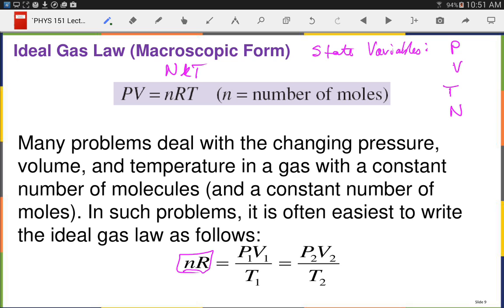Okay, well, we talk about the velocity, we talk about the position, and we talk about the mass, right? Those would be microscopic variables that are all being described by these state variables.